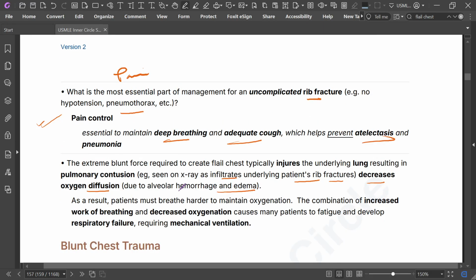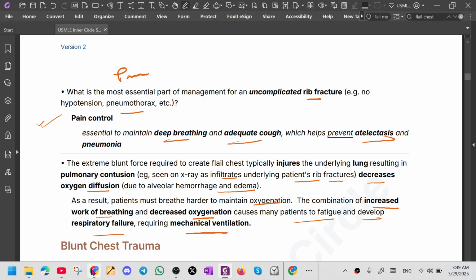As a result, patients must breathe harder to maintain oxygen. The combination is increased work of breathing and decreased oxygenation, and many patients fatigue and develop respiratory failure requiring mechanical ventilation.